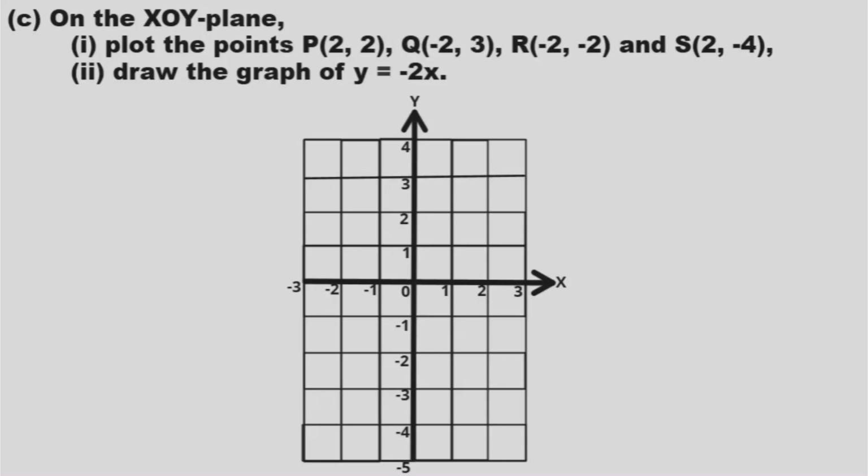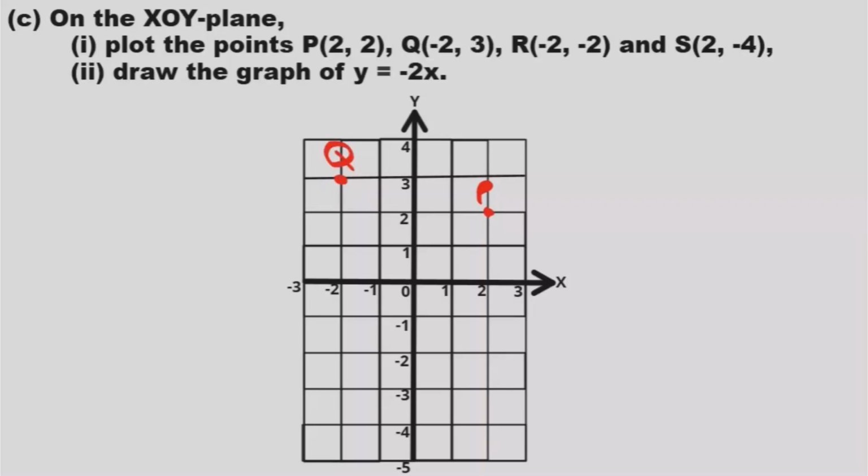So (2, 2), that point is going to be here. This is the point P, and we can name this one as P. Then we come to (negative 2, 3). Negative 2, 3 is this point. You should always remember that the first number that is given is for the x-axis.